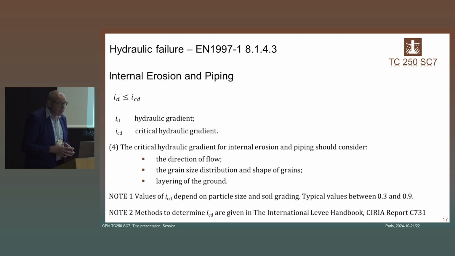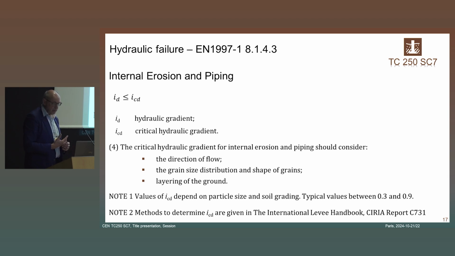Then there's a second check. So there's the hydraulic failure I showed before, and it's much used when you have, for instance, sheet piles. You have connecting water underneath the sheet pile. You also can check the internal erosion and piping by comparing the hydraulic gradient with the critical hydraulic gradient.